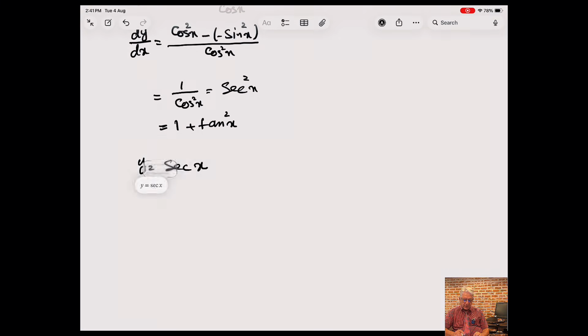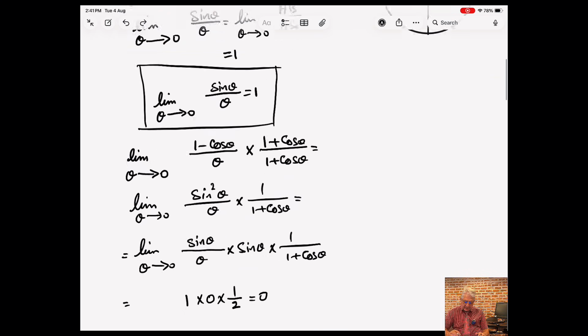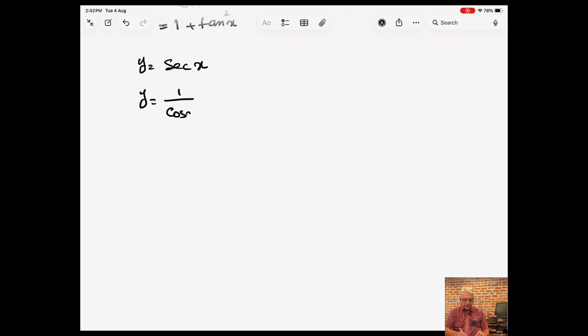This is another format of writing 1 over cos x, therefore y is equal to 1 over cos x. Okay, how to find dy by dx?